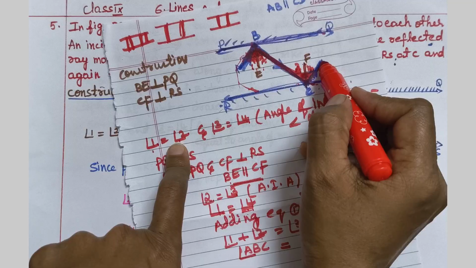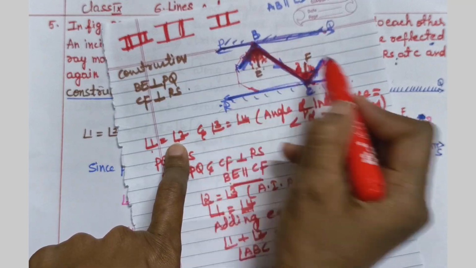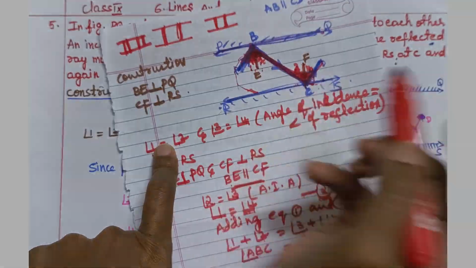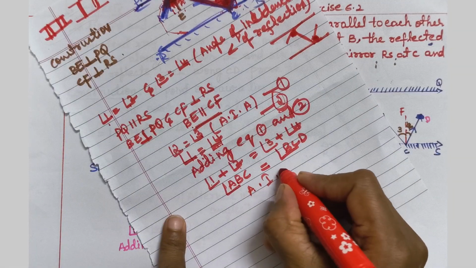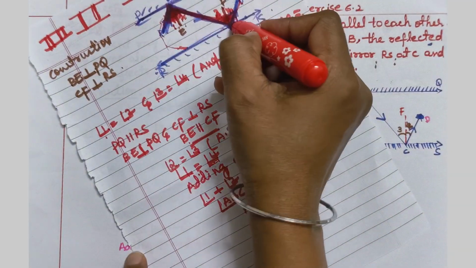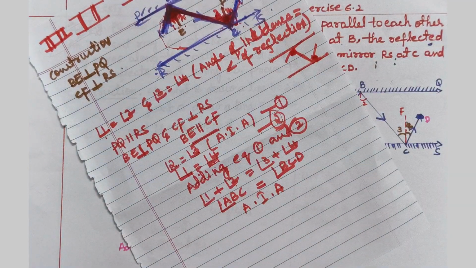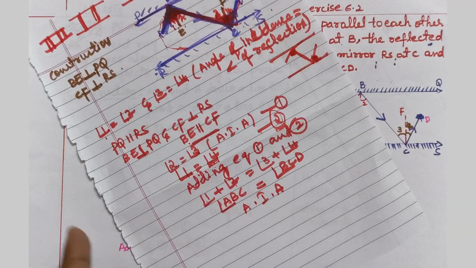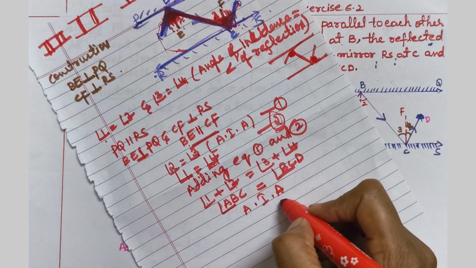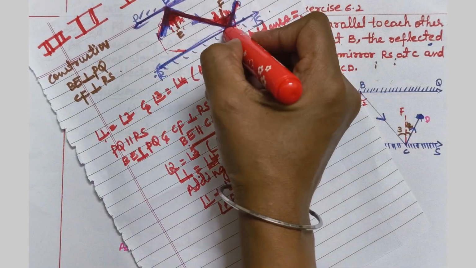See here, which angles? This is the transversal, so they are alternate interior angles. Alternate interior angles are equal means these two lines are parallel.